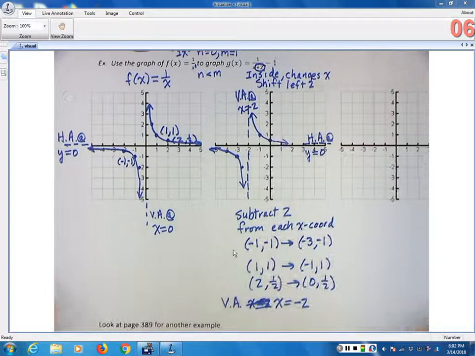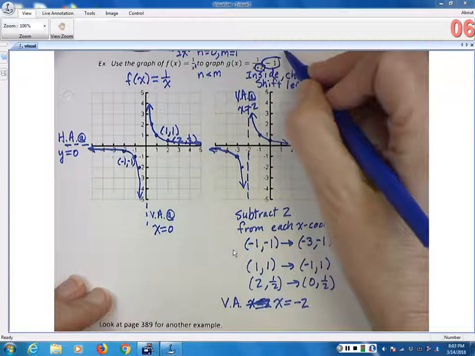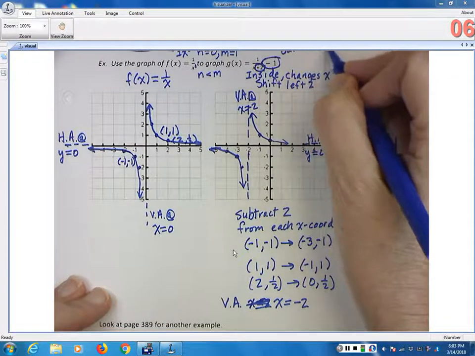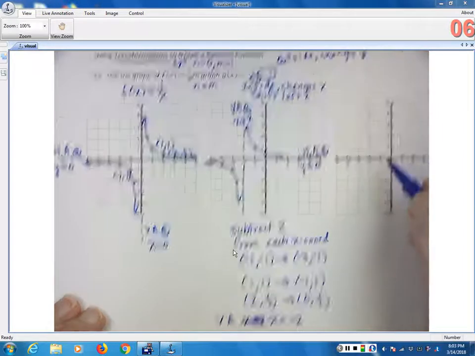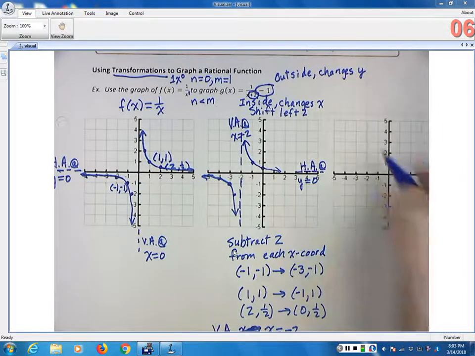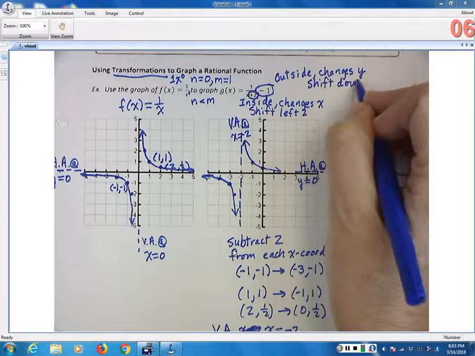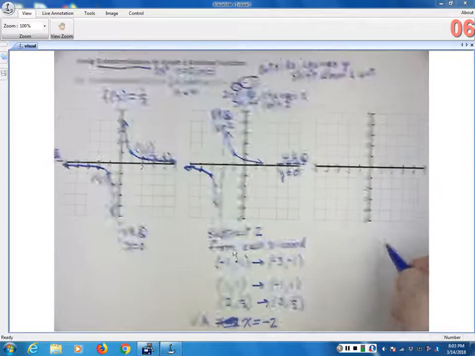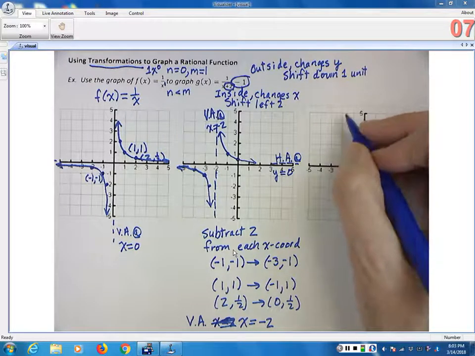Alright, the second step is that we're subtracting 1 on the outside. So on the outside, it changes y. And it's a shift in the direction you would think. It's a shift down 1 unit. So let's draw our asymptotes first. What happens to the vertical asymptote when we shift down 1 unit?